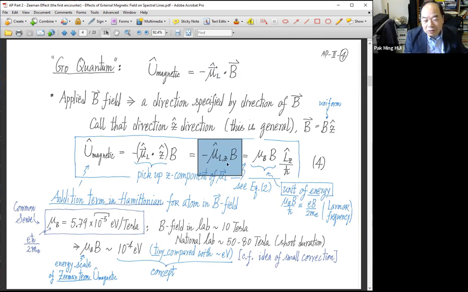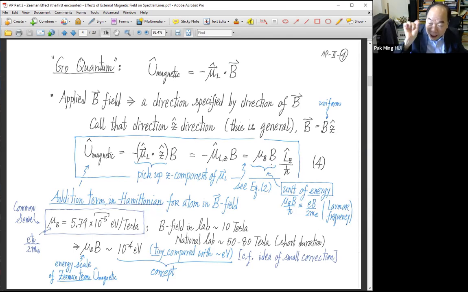Writing it out, we have mu_B B, that is the Bohr magneton, a constant, times the B field, 1 Tesla, 2 Tesla, that's about it, okay? Only if you go to the National Laboratory of High Magnetic Field, you can get something like 10 Tesla, or at best maybe 100 Tesla, but only as a short pulse.